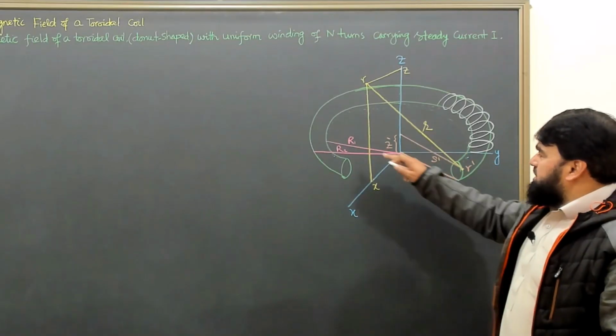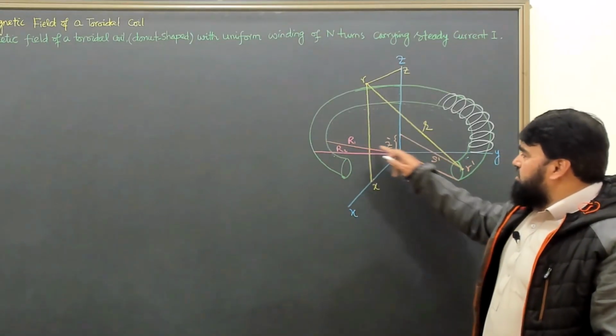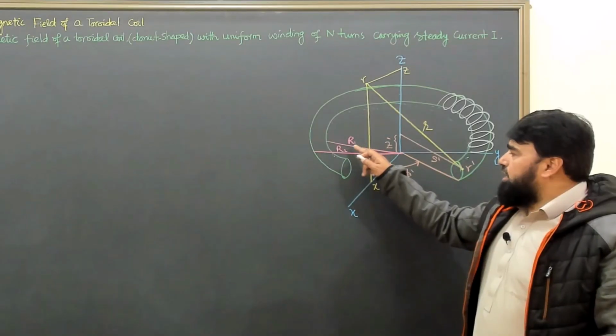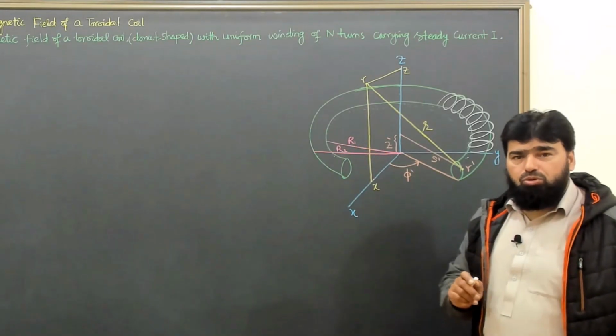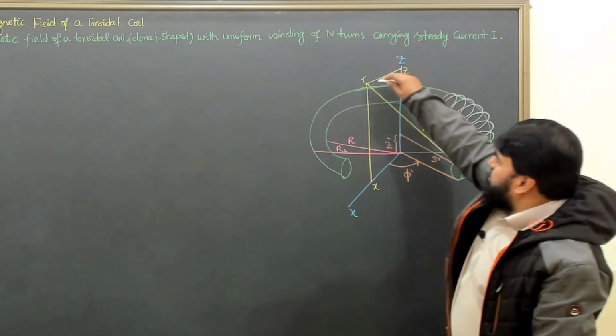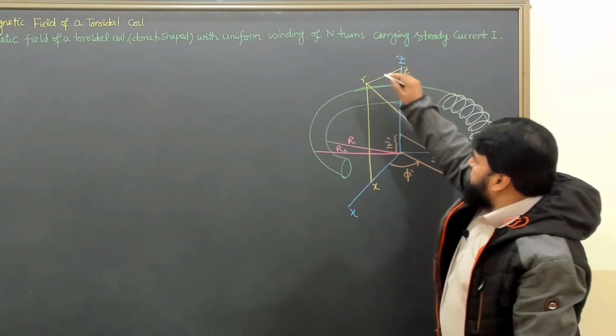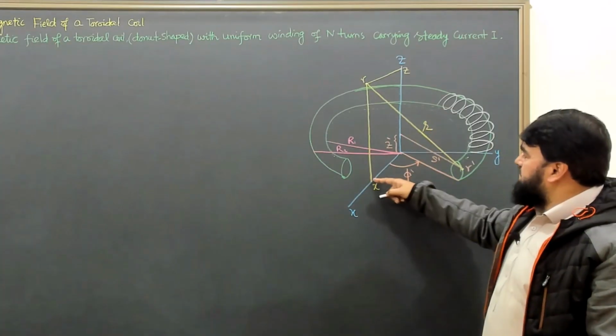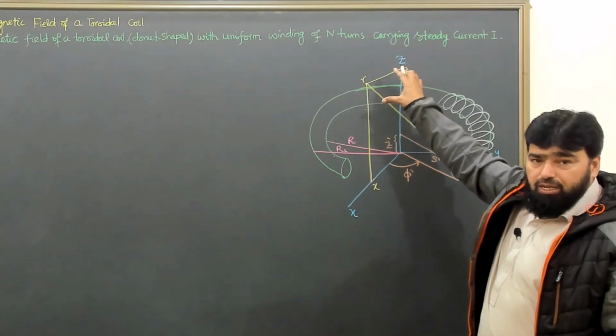The other thing is that the inner radius of this toroid is R1 and the outer radius of this toroid is R2 here. And here is our observation point. This observation point we have considered in the XZ plane.